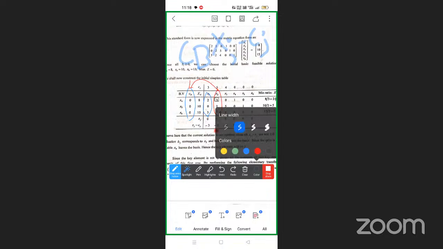Next X3: 0 into 0, 0; 0 into 5, 0; plus 0 into 4, 0. All are zeros minus CJ, minus 4. The remaining are also 0, 0, 0. Is that clear?